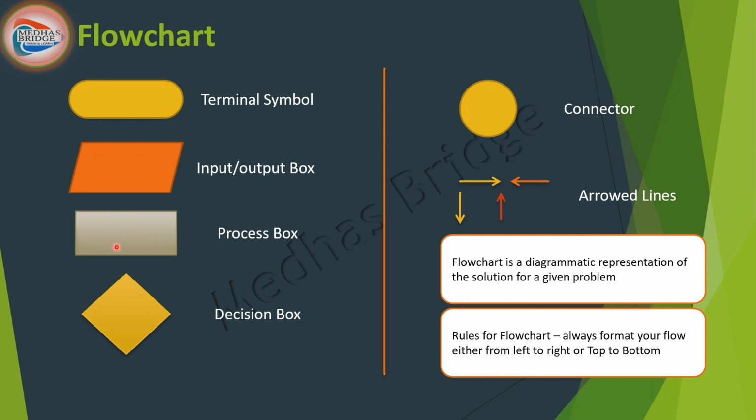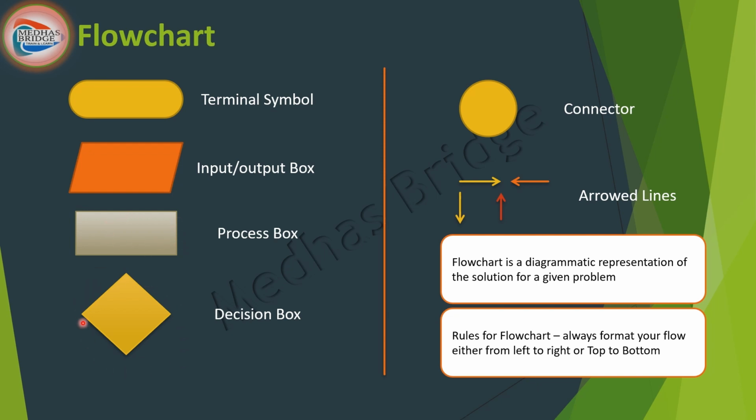This is what we can call a process symbol, the rectangle symbol, right? This box is used to represent processing operations. This symbol is used to represent an imperative logic construct. Think of it that way.